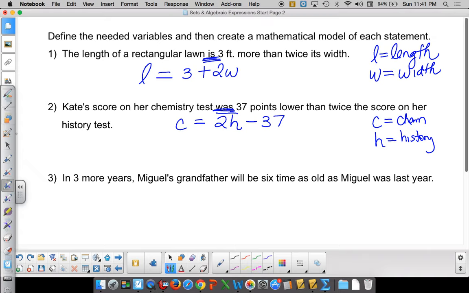Eventually, this problem would probably ask you how old they are now. So, assuming we add that in there, I'm going to do G is grandpa's age now, and M is Miguel's age now.